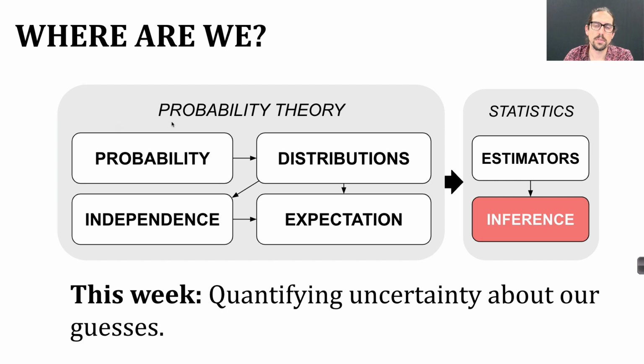In terms of our overview of the course, we covered probability theory, which gave us a lot of language in order to be able to describe basically where data come from, some abstract notion of where data come from. And then we've been moving on to the problem of statistics, which is, okay, well, we observe the data.